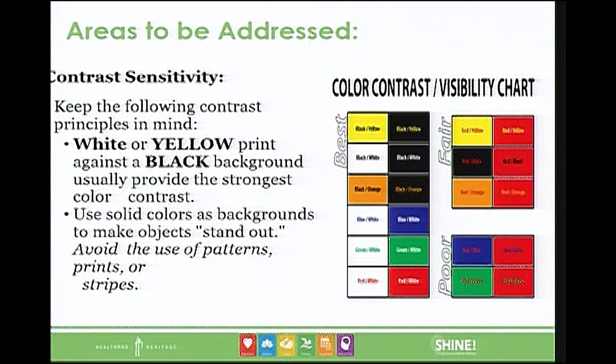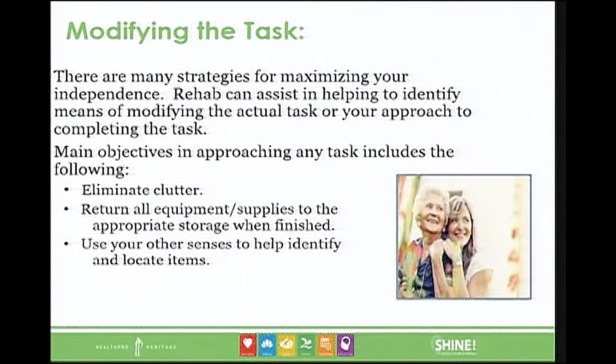White or yellow print against a black background usually provide the strongest color contrast, as you can see in those color charts there. Using solid colors as backgrounds to make objects stand out can be helpful. Avoid the use of patterns, prints, or stripes as they're going to detract from the writing and make it harder for you to see contrast.